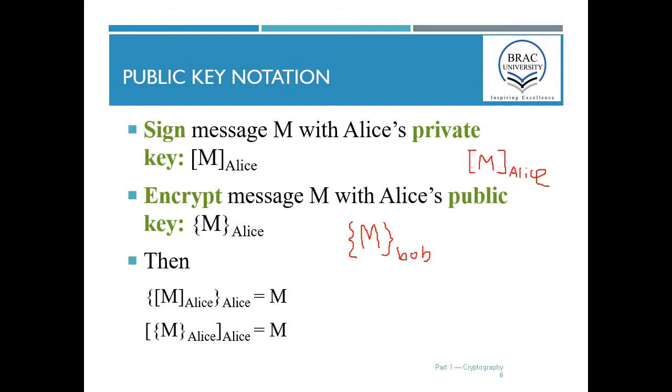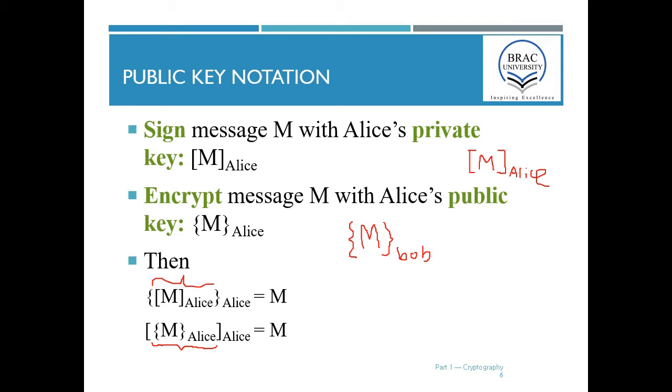In the first case, we are signing the message first and then encrypting. In this case, we are encrypting the message first and then signing. In both of these, the message is M.